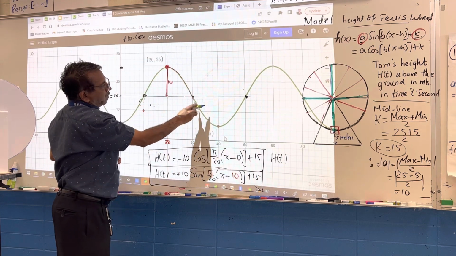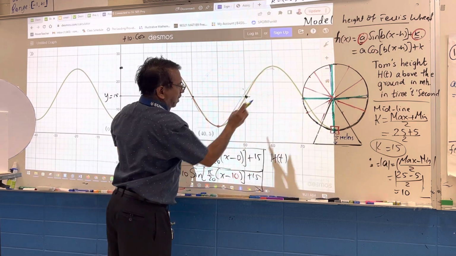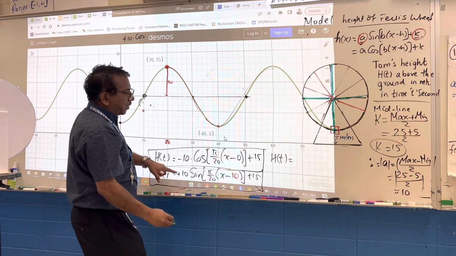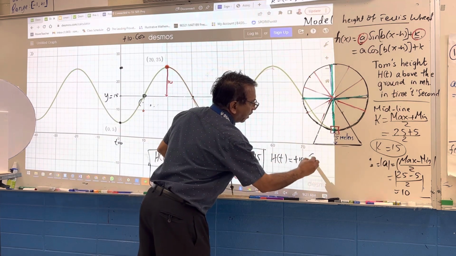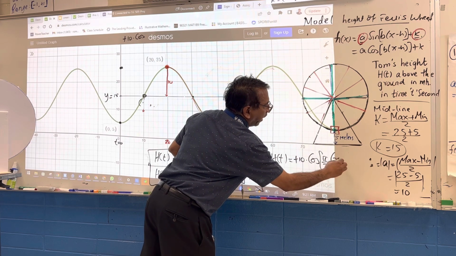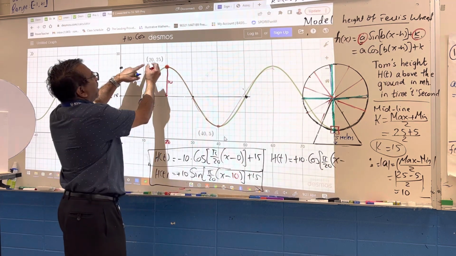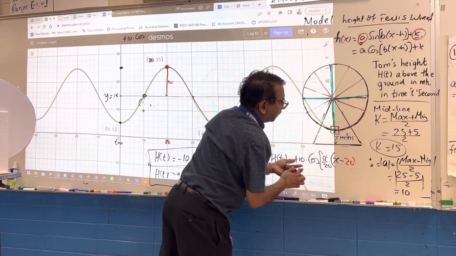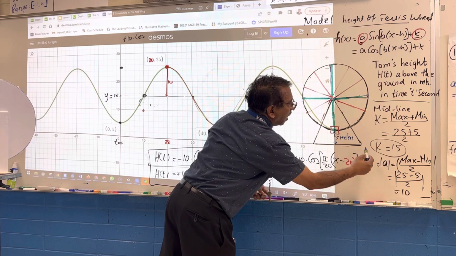Since you are starting from top, it's going to be positive 10 cosine pi by 20, and then x minus, your phase shift right now is after 20 seconds, so 20, and plus 15.